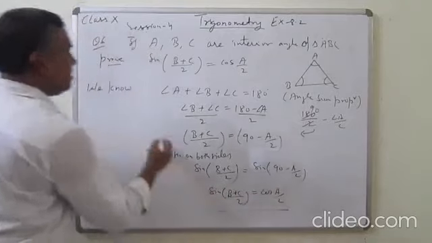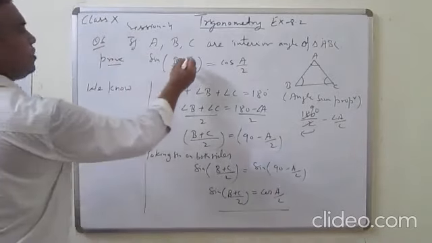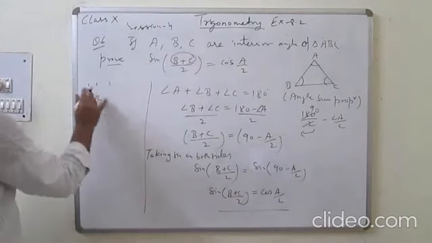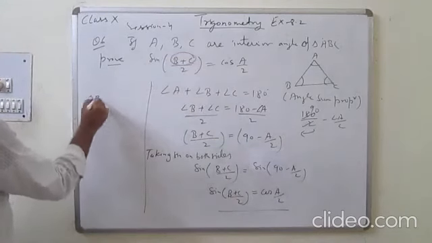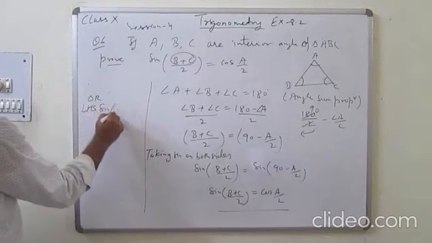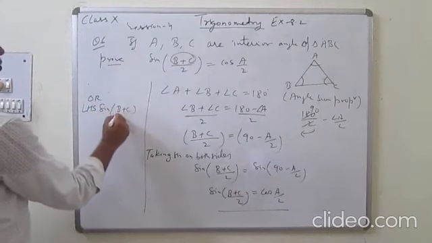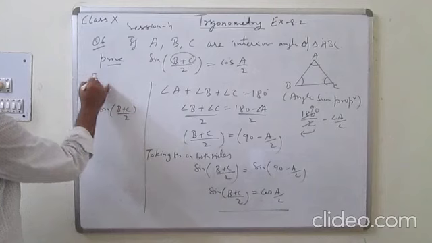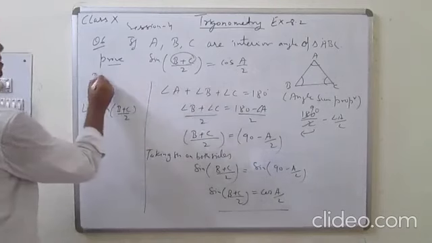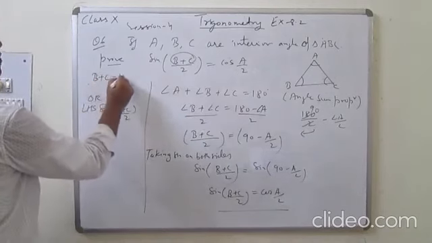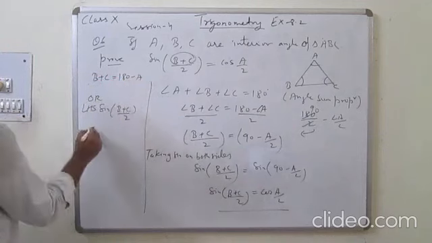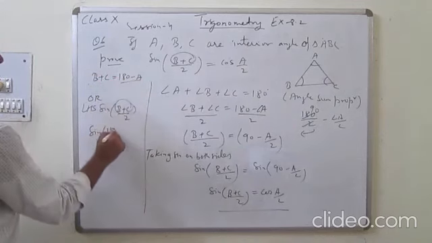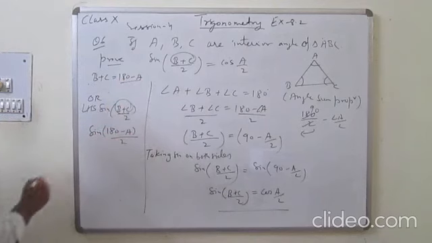And the other method: sin of (B plus C) upon 2 is the left hand side. B plus C is equal to 180 minus A. So instead of B plus C you will write 180 minus A upon 2.